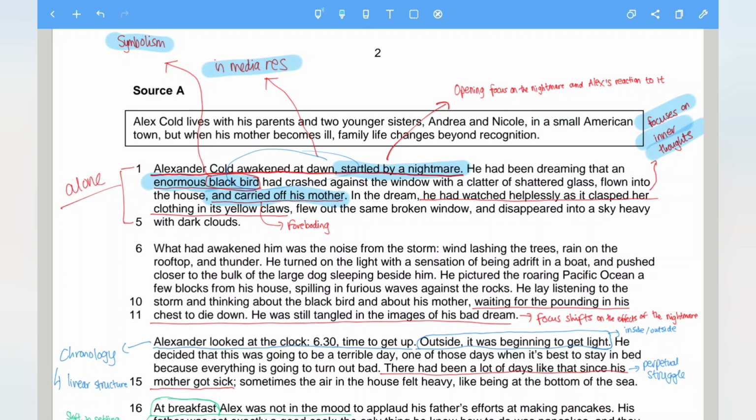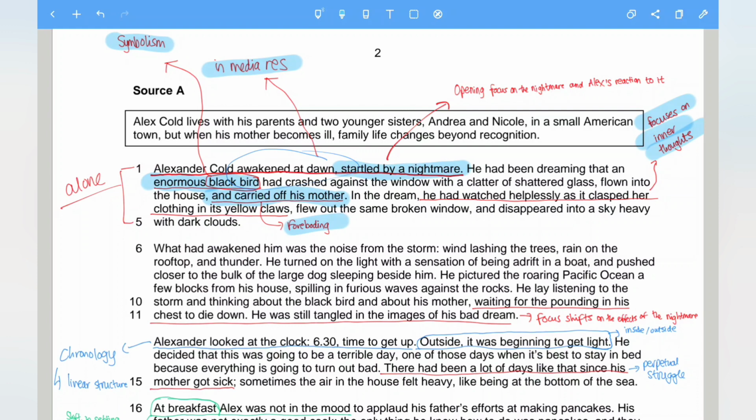That is a prime example of foreboding. So what is foreboding? Here the foreboding is hinting. This is an example of foreboding because if the bird is carrying off his mother, this is foreboding how she may possibly die and the bird is going to take her away. So that in itself is to do with structure.